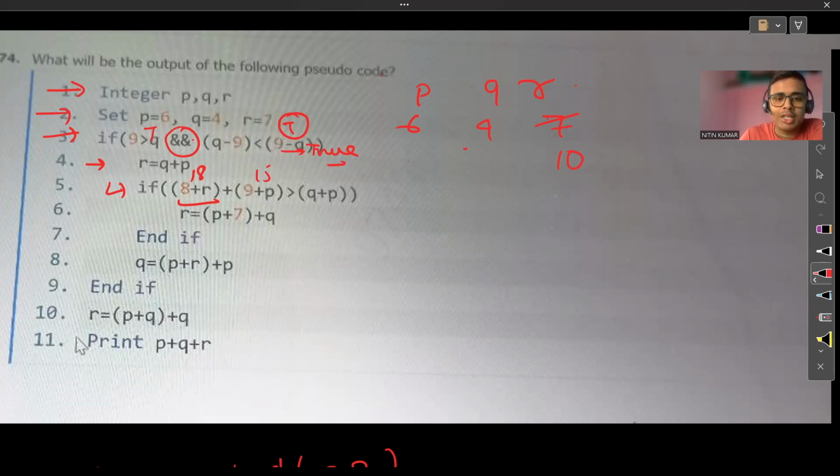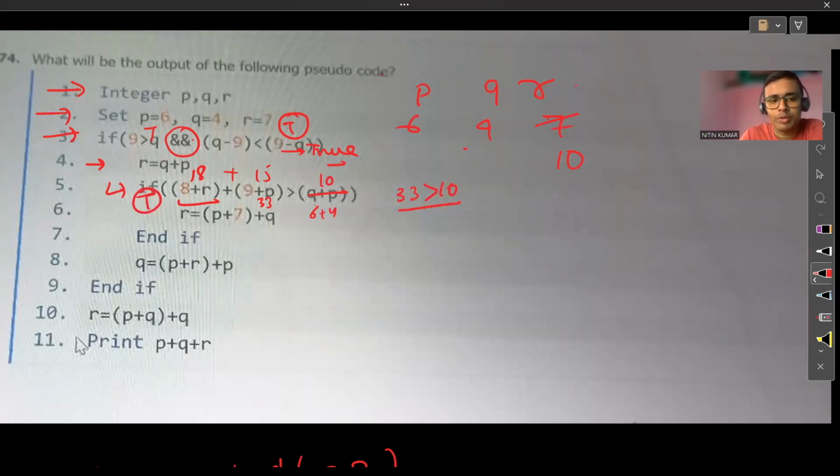So 18 plus 15 will become 33. So overall it is if 33 is greater than P plus Q. P is 6 and Q is 4, which is 10. So 33 is obviously greater than 10. So it is a true statement.